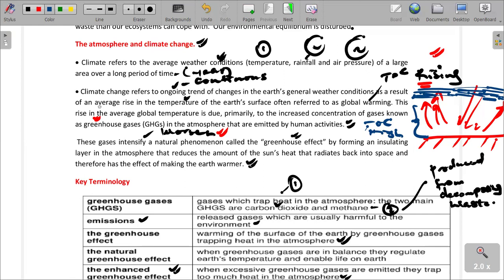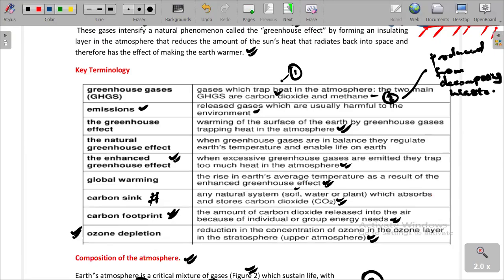So we have some basic terminologies that I want us to understand. Key terminology: greenhouse gases, which trap heat in the atmosphere, and two main greenhouse gases are carbon dioxide and methane, which is produced from decomposing waste. Methane is produced from decomposing material. It can be plants or dead animals, whatever can decompose.